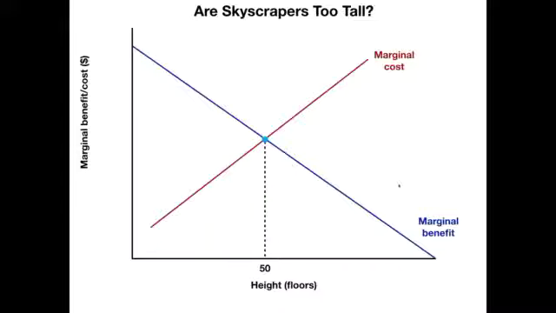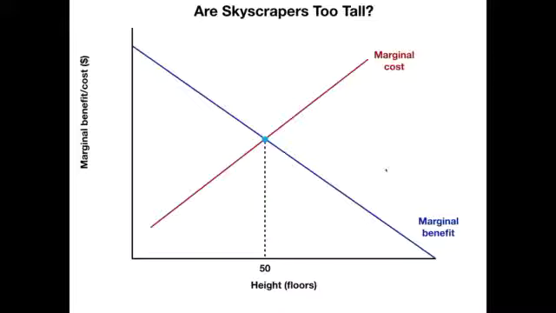Make sure you realize that marginal benefit is decreasing for a building as the height goes up. The reason for it is as the building gets higher, you need more and more banks of elevators, and these elevators are going to be taking up space on the lower floors as well as the upper floors. So getting taller is increasing the rental space that's available, but it's also decreasing the rental space that was available on the initial floors.